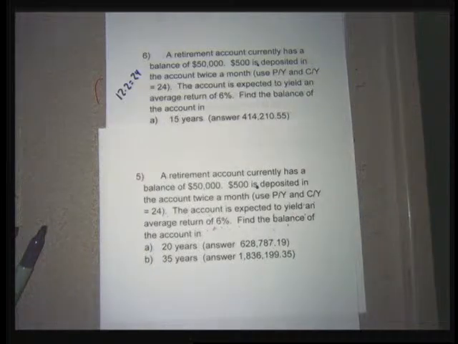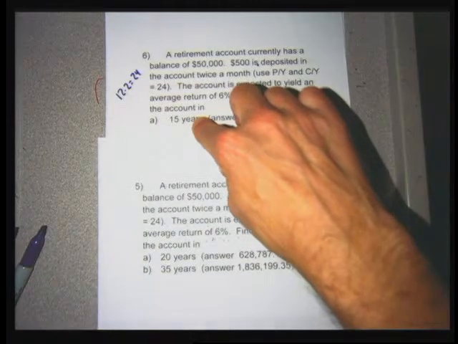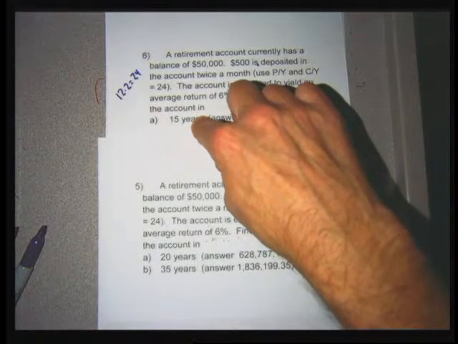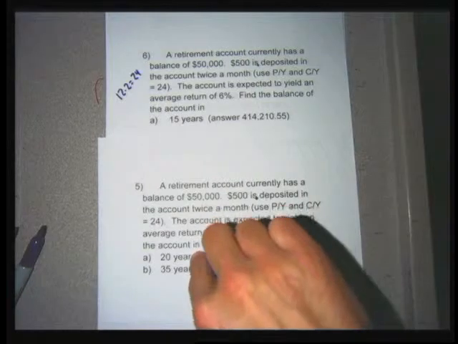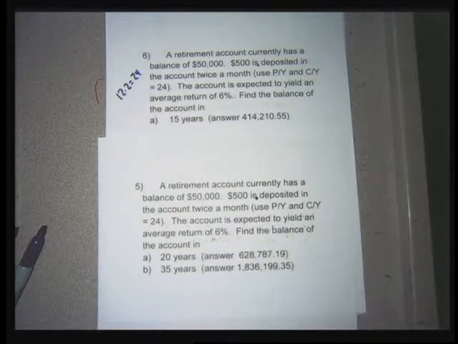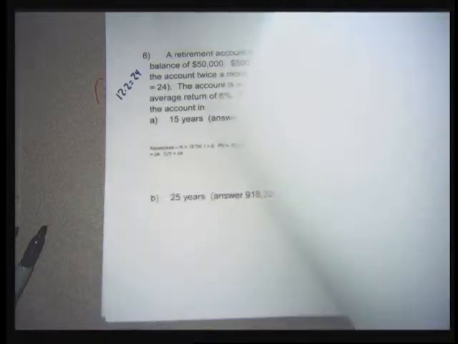The only difference is in the questions. For part A of problem 6, I want to know how much money I'm going to have 15 years in the future. And in part A of number 5, I want to find out how much I'm going to have 20 years in the future. So the only difference in the questions for problems 5 and 6 is the length of time that we're computing the amount of money that we're going to have.